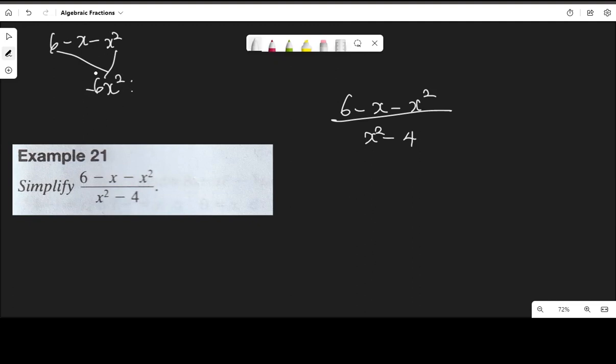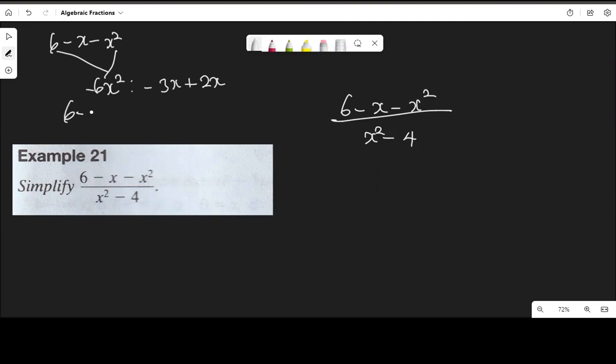Then I'll look for two factors of negative 6x squared that can add up to the middle term. That should be negative 3x and positive 2x. Let's see, by substituting this, if we can factorize that. If it doesn't work, then we'll look for other factors.